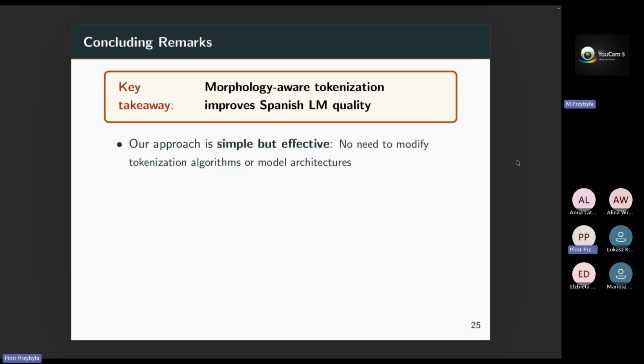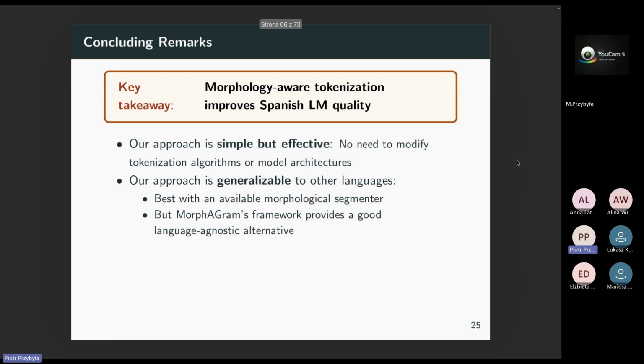So the only thing we needed to do is to change the vocabulary for the model, and everything else works. So if you want to do it for your own language, which I thoroughly invite you to do, what you would need to do is use the morphological segmenter.